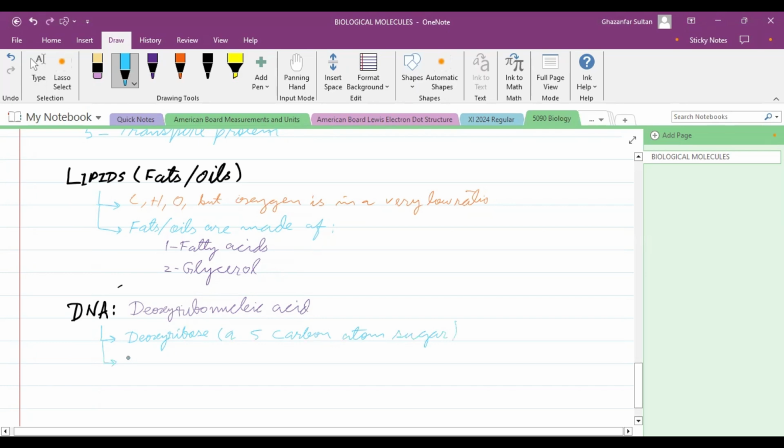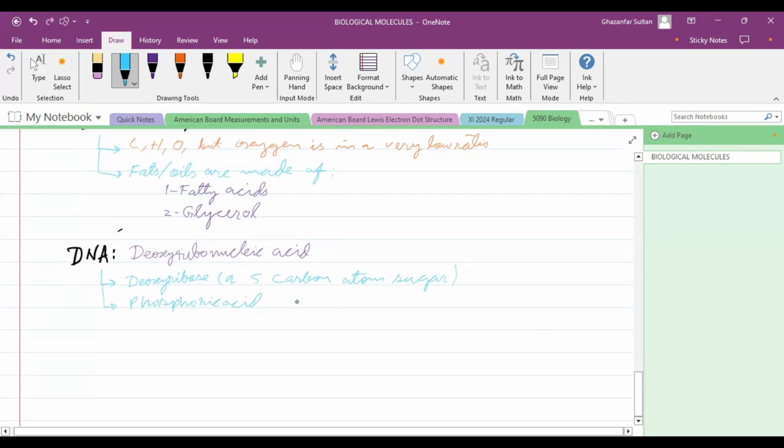Another important molecule is phosphoric acid. Phosphoric acid that we will learn in inheritance as well. And it is written like this.